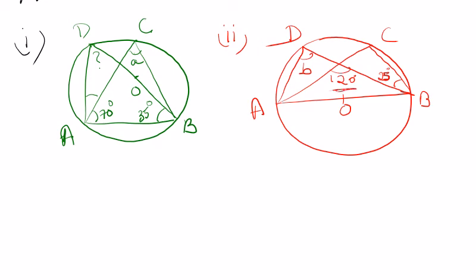Now this exterior angle 120 degree is equal to the sum of the interior opposite angles, that is 25 degrees, and angle, this one is E. Okay. So 25 plus angle BCE, right?